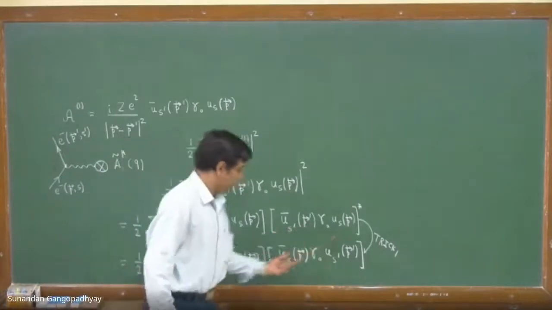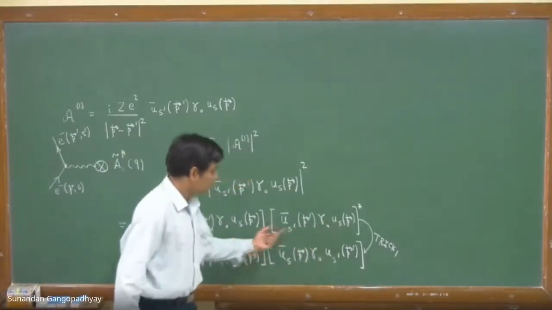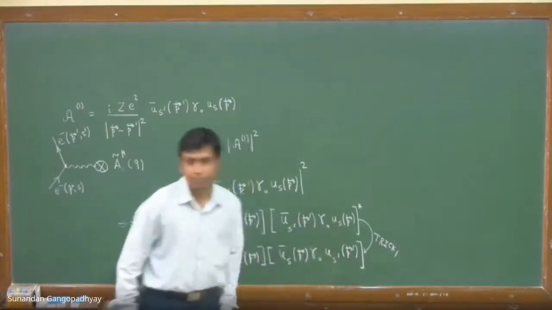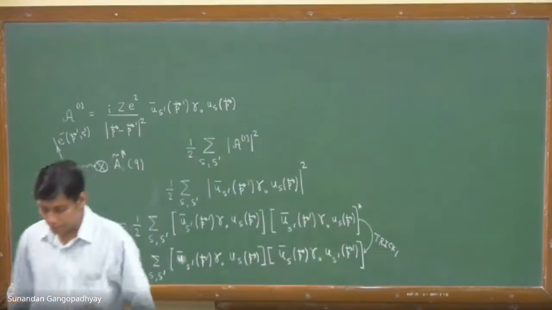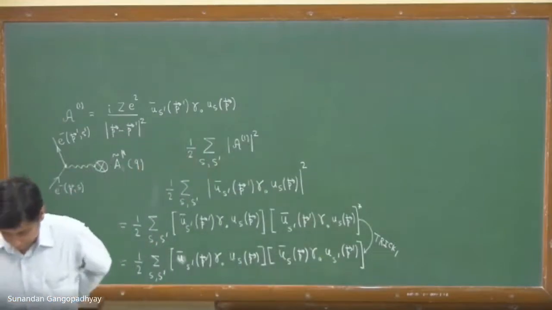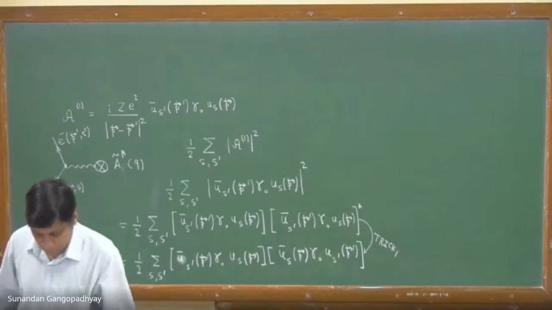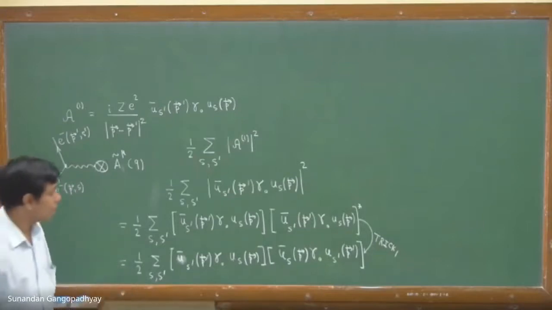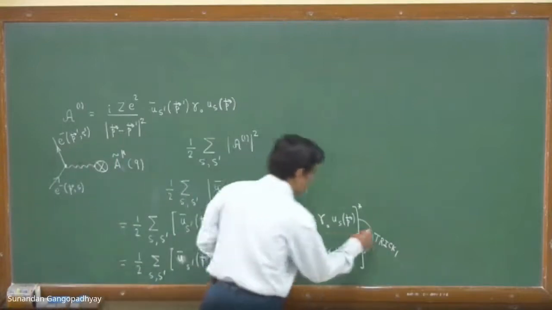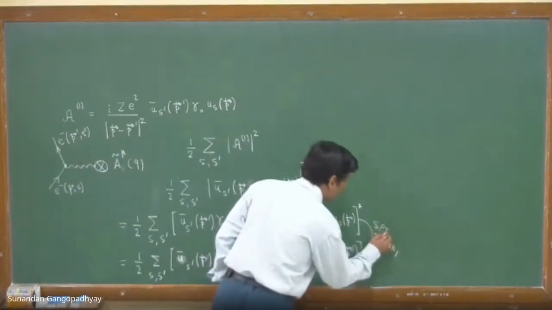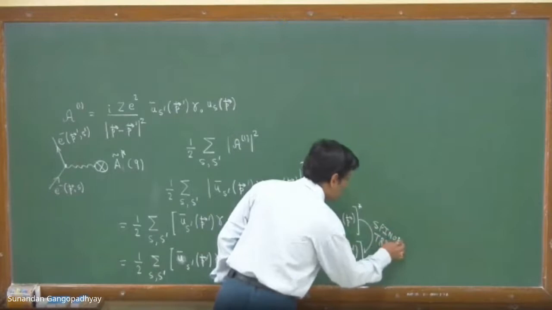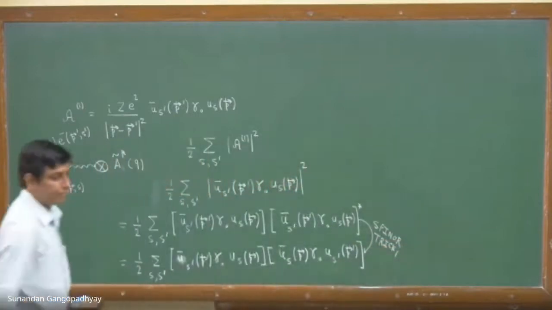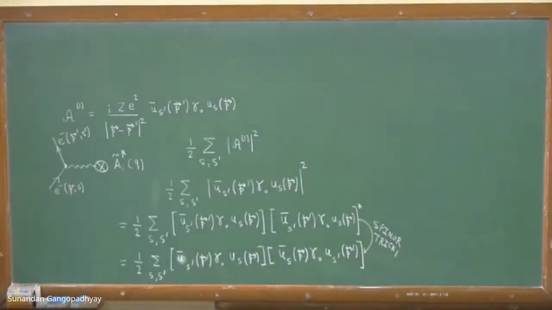To take the complex conjugate of this quantity, you will get this. I keep it as an exercise for you to show it. This is a trick involving a spinor. Let me call it spinor trick 1. This is the first step.